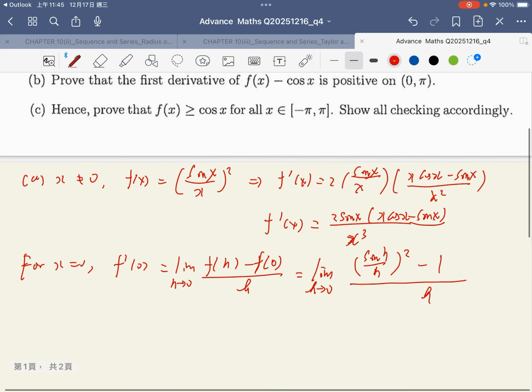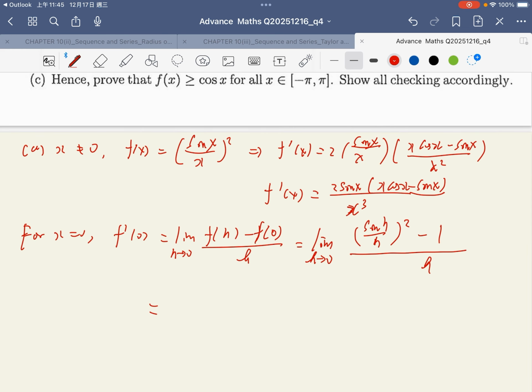Then make a common denominator here. I think we have to use L'Hospital's rule to finish this.